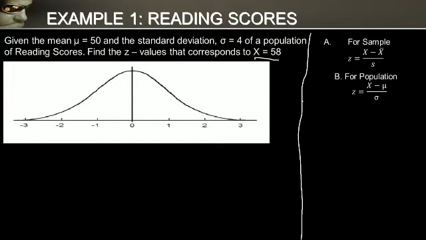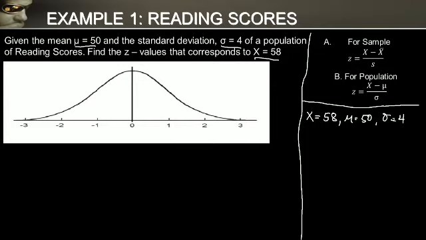Now, let's begin. So, given that the value of your X or the raw score is 58, and then given your mean of 50, and then given your standard deviation of 4. Now, as you can see, meron na tayong complete given. Now, paano mo malalaman kung ang gagamitin mong formula ay for sample or for population?